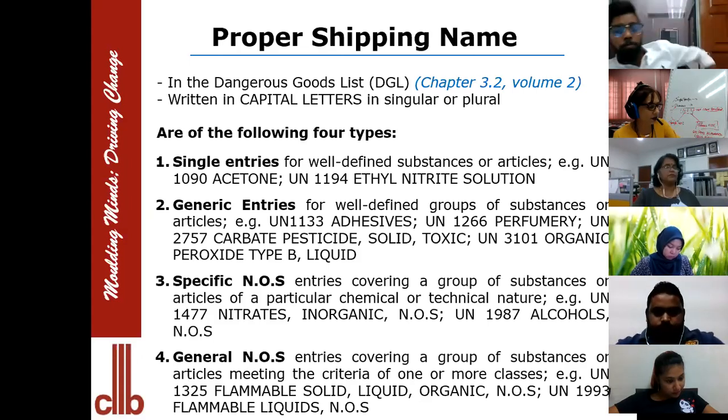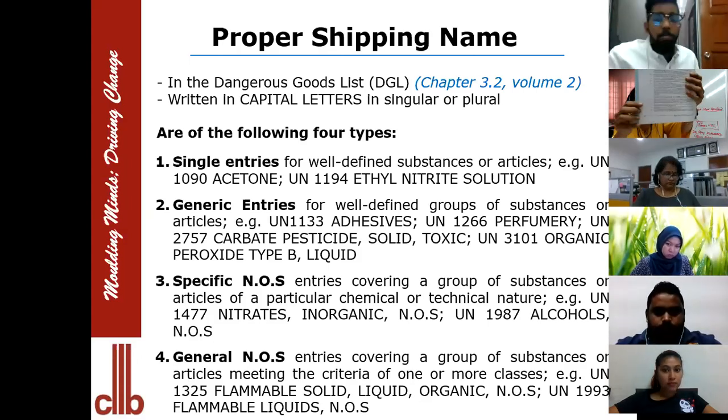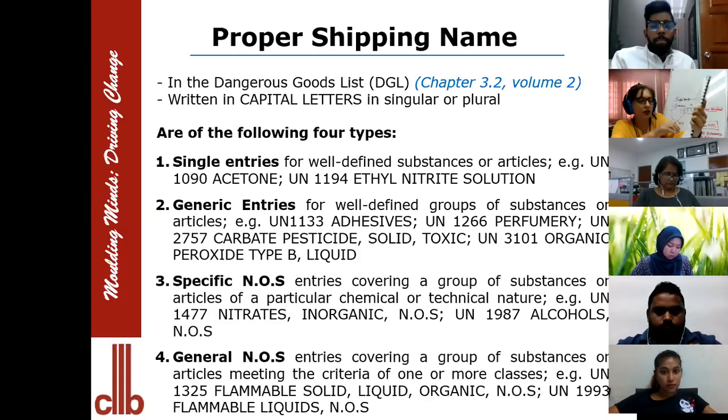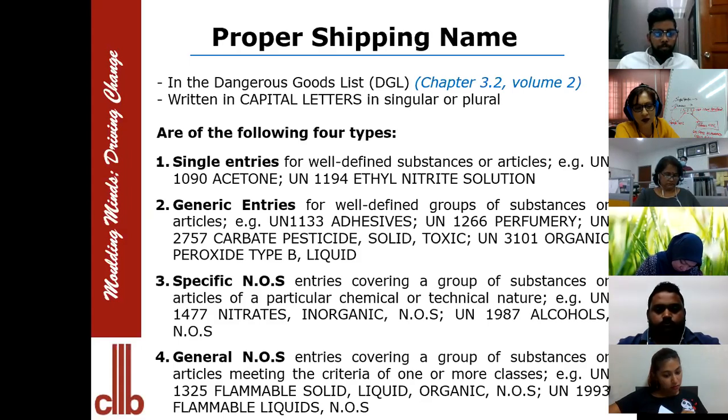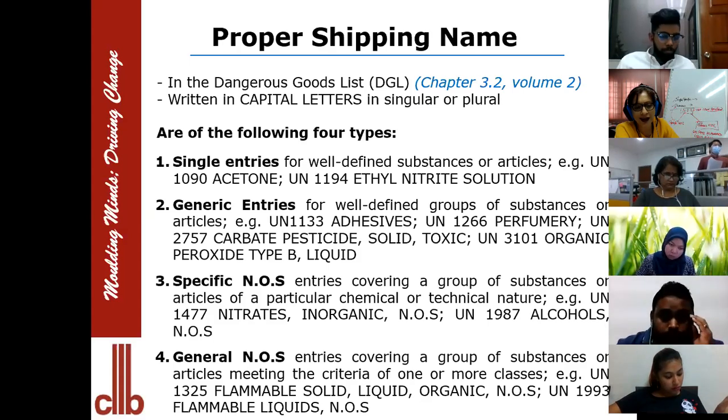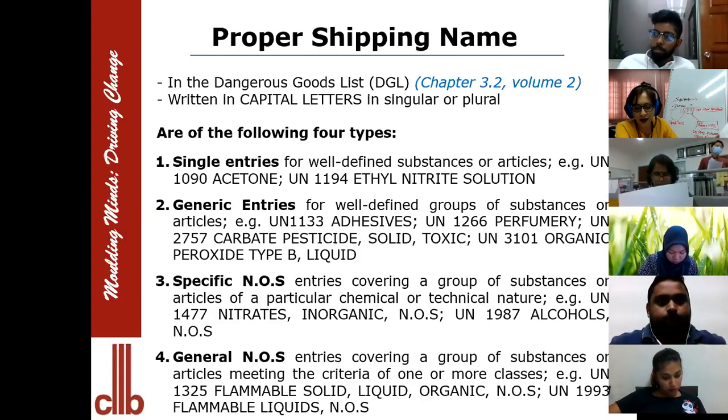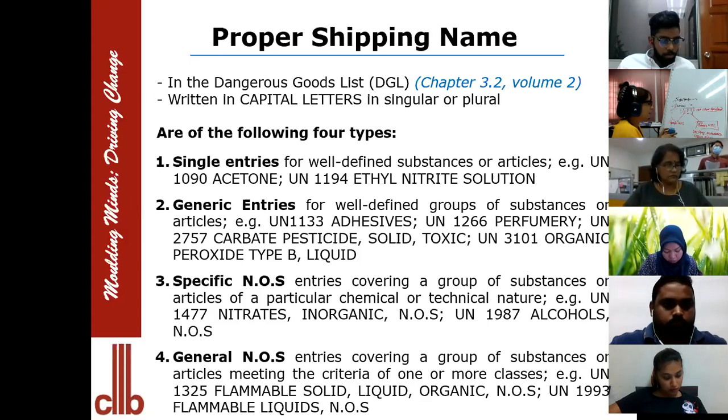If you look at 274, it says, for the purpose of documentation and package marking, the PSN, the proper shipping name, shall be supplemented with the technical name. Every time you have an entry that ends with NOS, you will have a 274. A 274 is communicating that your entry name is not sufficient, that you need to supplement the PSN, the entry name, with the name of the substance.